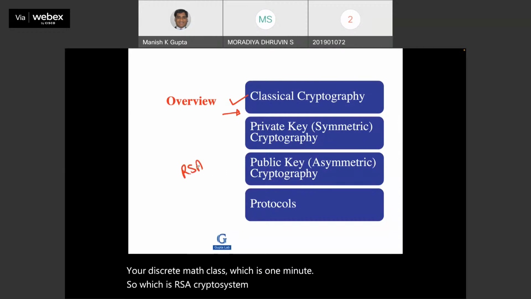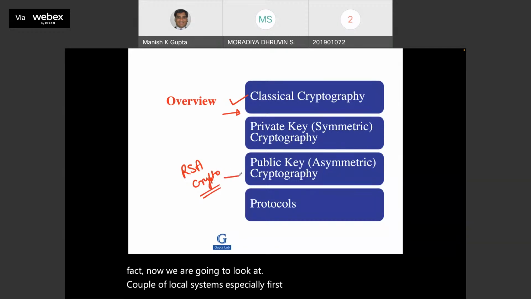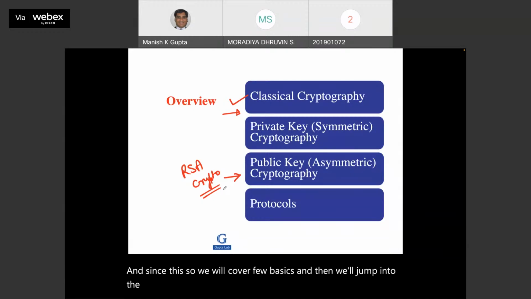We are going to look at a couple of crypto systems, first RSA. Since you know this, we will cover a few basics and then jump into the crypto system and analyze it, because that part was not in the discrete math class.